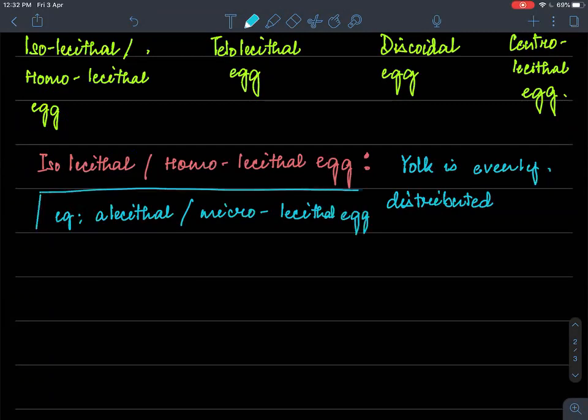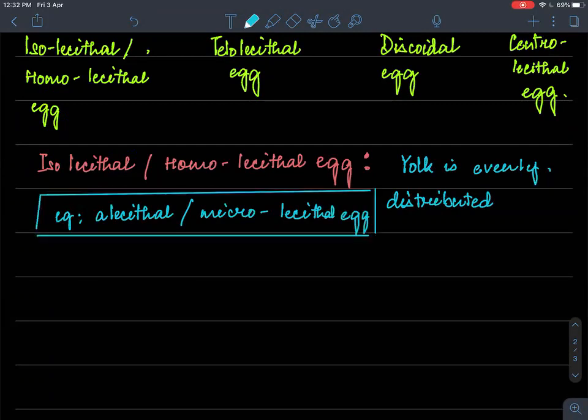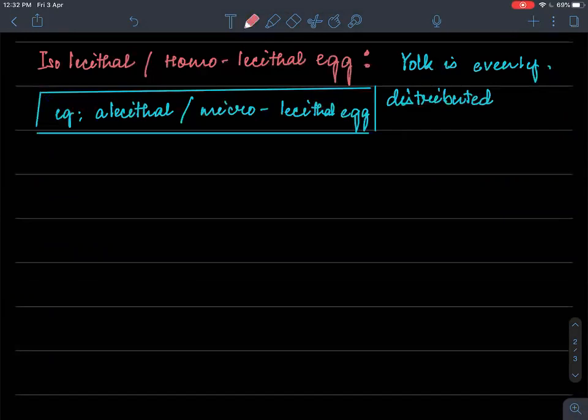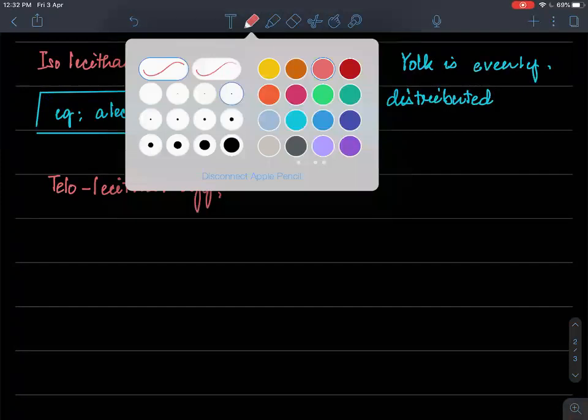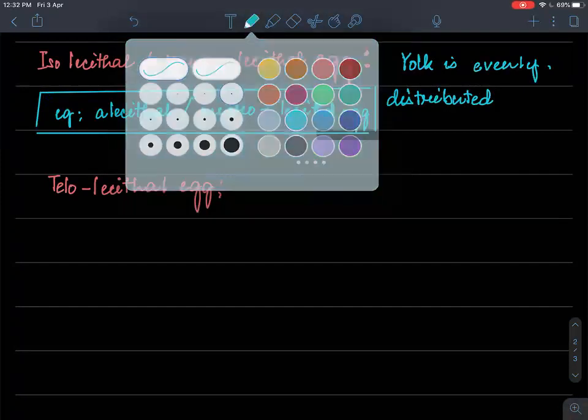The next type we are going to see is telolecithal egg. Telo means end. So it will be seen that in this kind, the yolk is concentrated at one end.